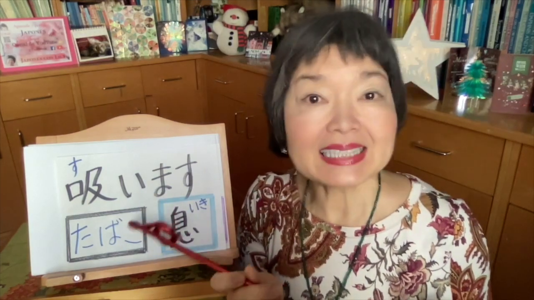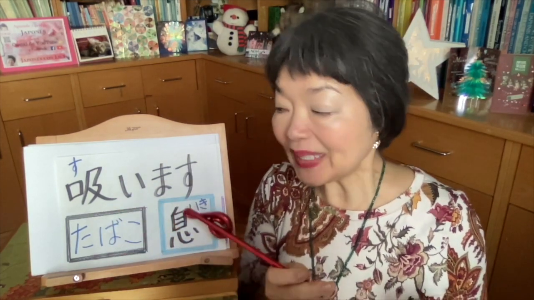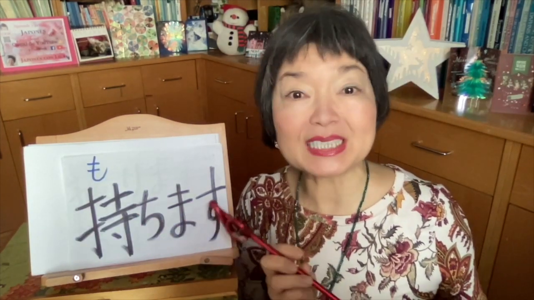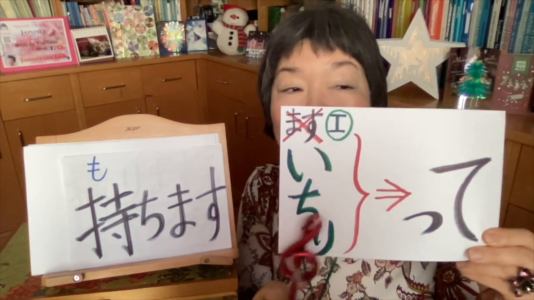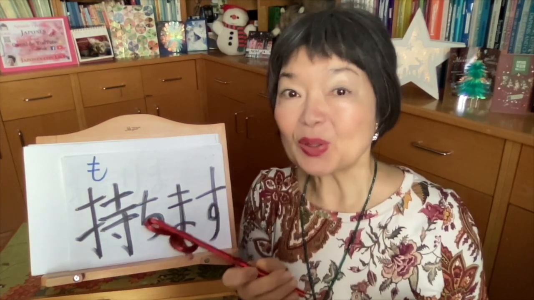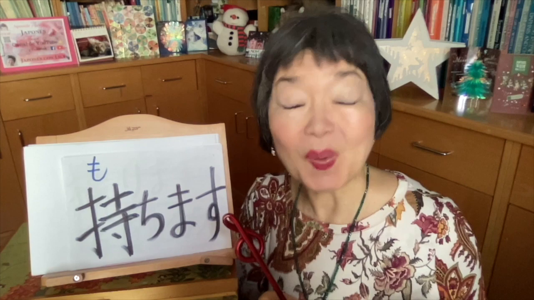吸います means to breathe in. And we also say タバコを吸います, to smoke. 息を吸います. 息 is breath. So 息を吸います, breathe in. 持ちます, this is also the chi sound just before mas. So chi changes the same way to small tsu and te. 持って. 持ちます means to hold something.